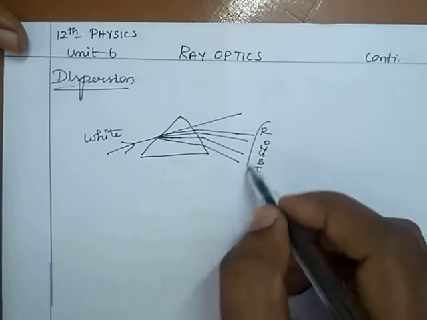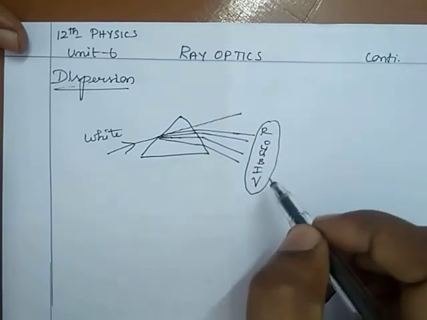This band of light is known as the spectrum of light.